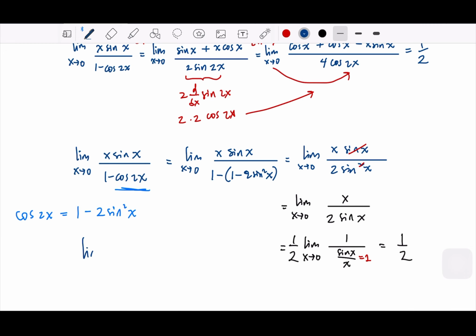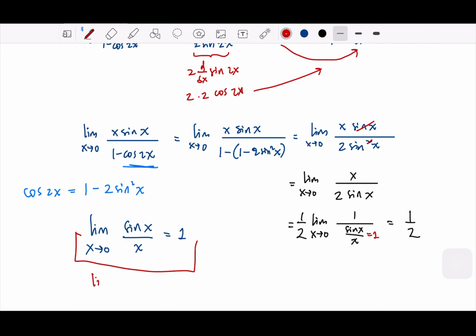So if you have the limit as x approaching 0 of sine x over x, this is always going to be 1. This is what we call the limit definition of sine x over x. Because of this limit, we can derive sine becoming cosine. Yeah.